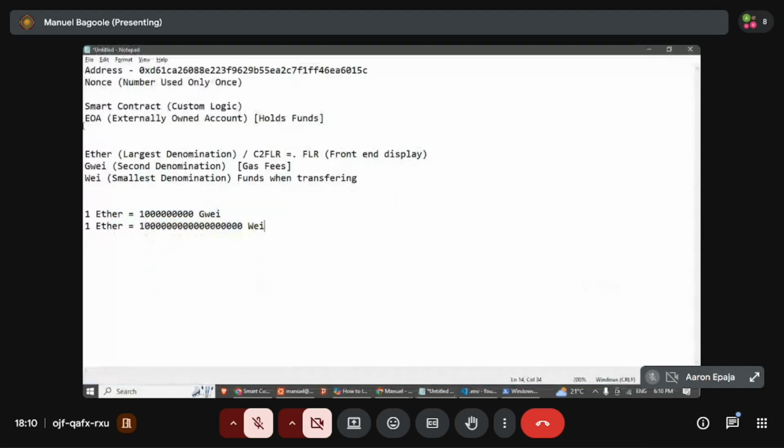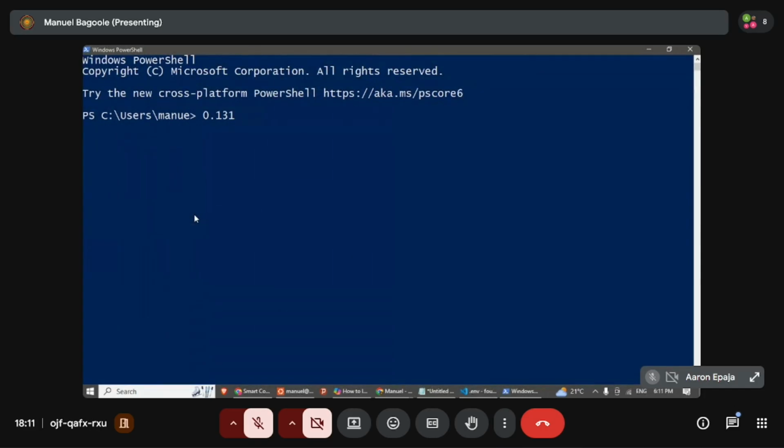So what would we do for us to convert it back to ether? Someone can give me an answer. Will we multiply or will we divide? Because Gwei is a smaller unit, yes, we actually divide. So Gwei is a smaller unit, so for us to get the larger unit, we have to divide.